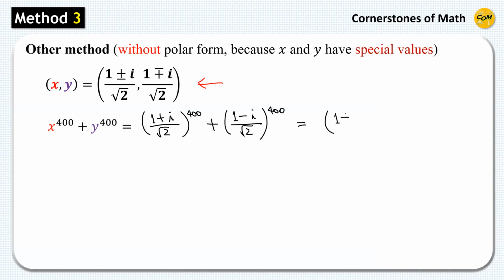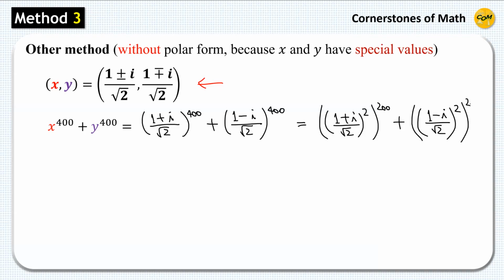And if we actually calculate their squares first, so squared, then power of 200, so square here, and then power of 200. As for the first square, we have 1 squared, then plus 2i plus i squared over 2.